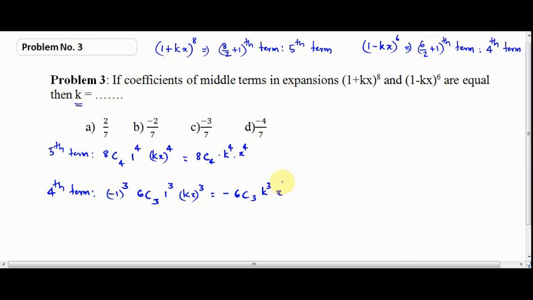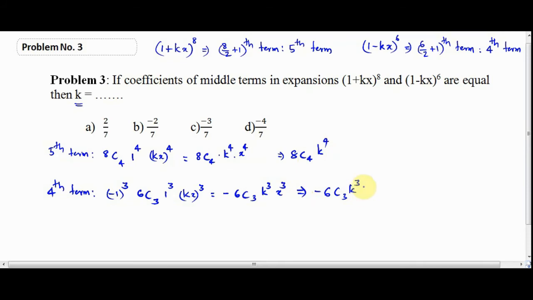It is given that the coefficients of these two terms are equal. Here the coefficient is 8C4 into k^4, and here the coefficient is -6C3 into k^3.